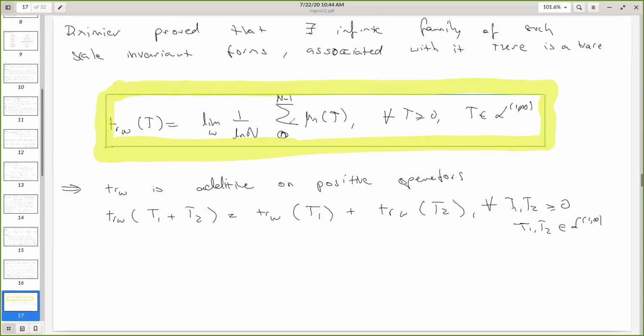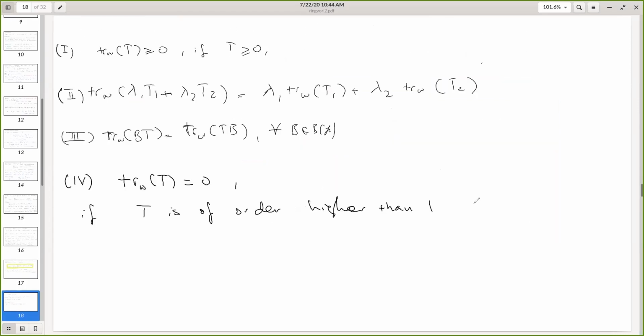The interesting thing about this new trace is it is additive on positive operators. So if you take the trace of T1 plus T2, this is equal to the trace of T1 plus the trace of T2. This is not necessarily trivial. The usual trace satisfies this linearity if the operators are trace class, but in general this does not have to be satisfied.